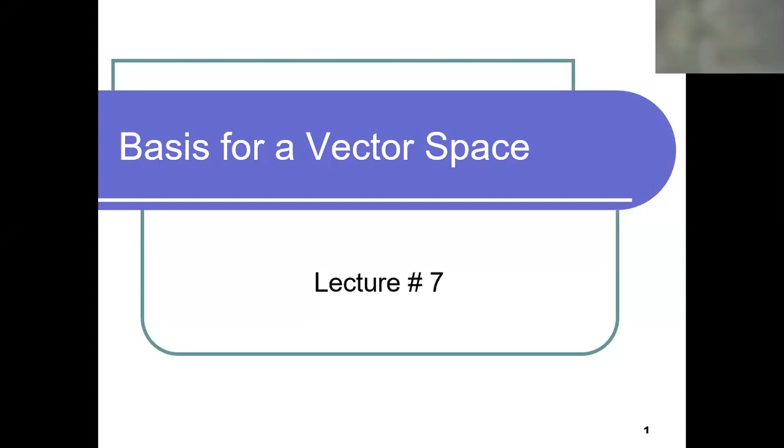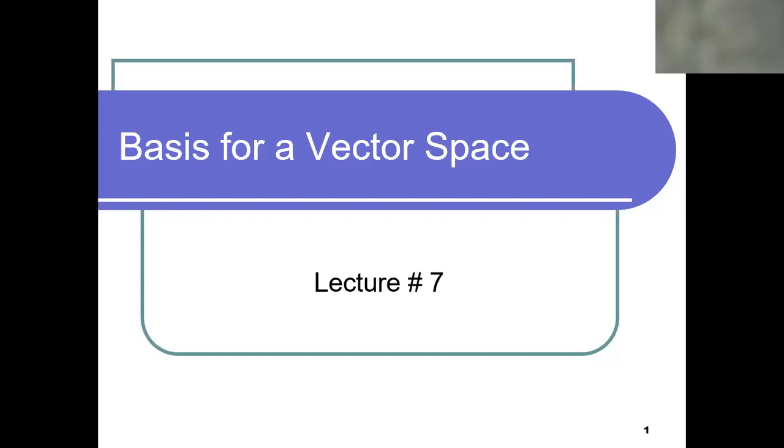Dear student, before today's class, we have discussed linearly independent, spanning set, vector space, and subspace. These concepts are primarily quite important to discuss the concept of basis.